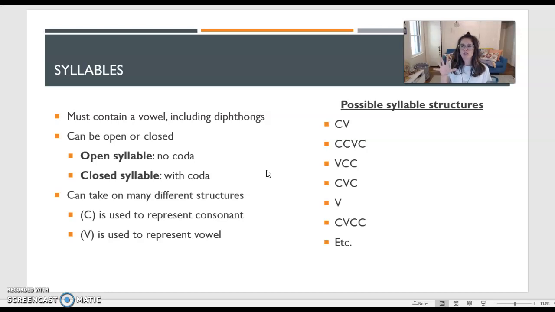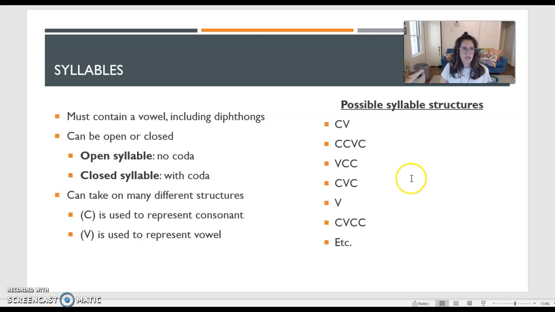So this is very much what you are doing for this exercise, is that you're focusing on the different structures that a syllable can have, okay? So, like you'll see, this is an example of what you see in your assignment. A C is used to represent a consonant sound and a V to represent a vowel sound.